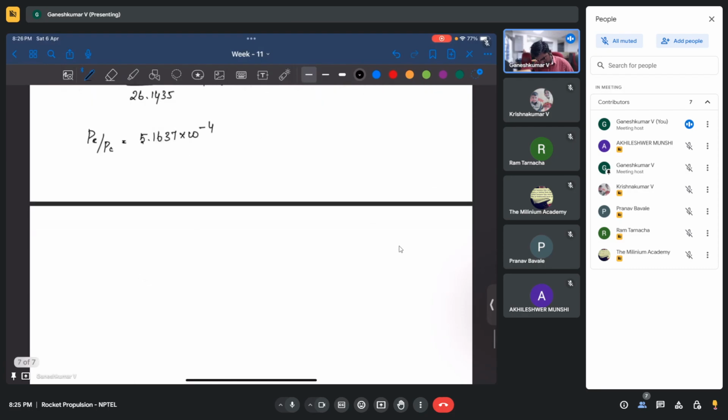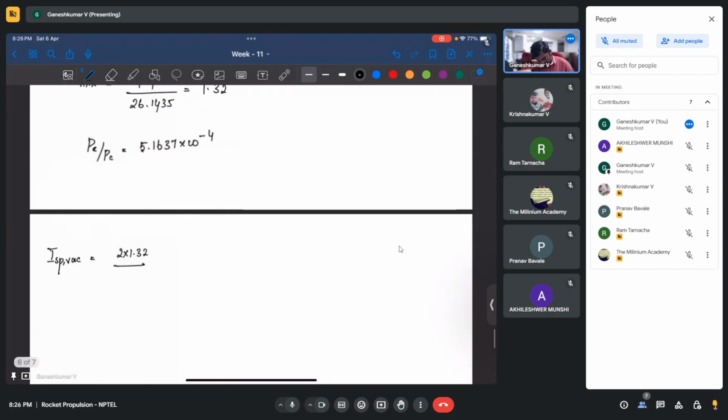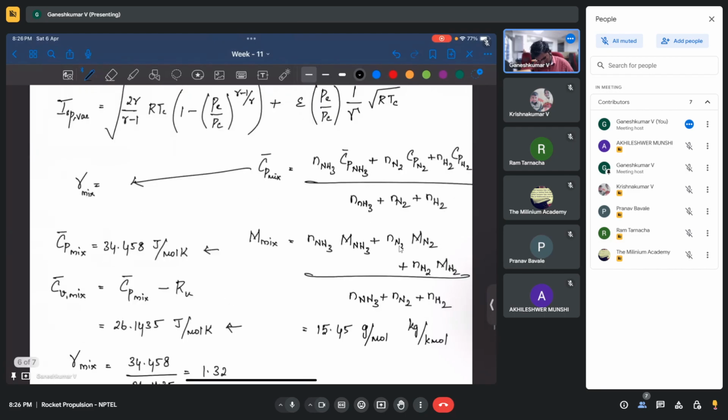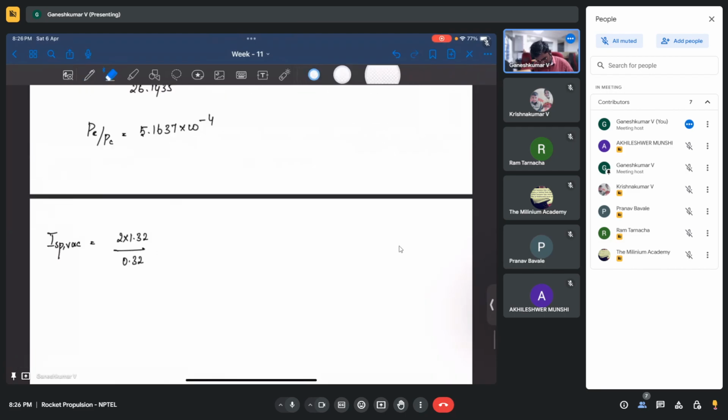Now let's substitute everything here. 2 times gamma, 1.32, by 1.32 minus 1, into R times Tc.